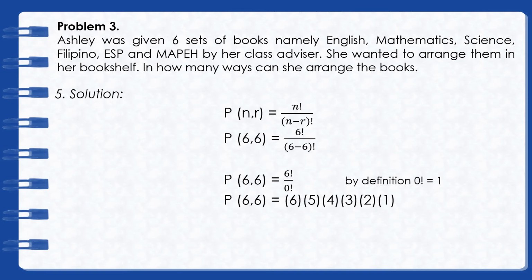What is our answer? Very good. Permutation of 6 taken 6 is equal to 720. And our last step is to write the answer with the label. So final answer is 720 ways.